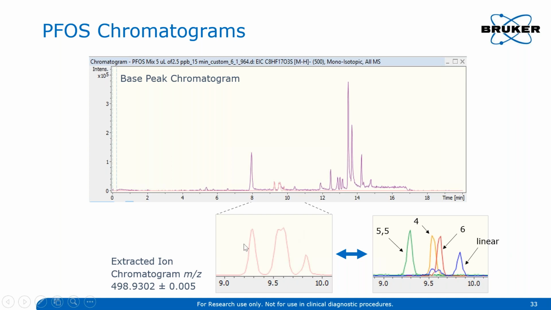So we get 3 separated peaks for a mixture of 4 isomers. So that obviously means that at least 2 of them coelute. However, timsTOF allows us to further separate these isomers by collisional cross-section values. And once we do that, as we can see on the chromatogram on the bottom right, the central peak is actually a superposition of 2 different peaks.